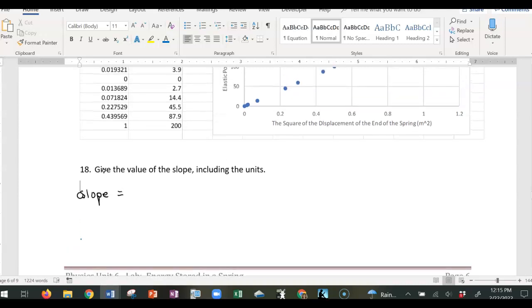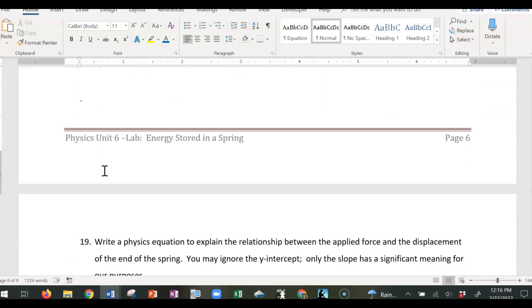So I'll just say 200 minus 0, and that's joules, over 1 minus 0 meters squared. So I get a slope of 200 joules per meter squared. Okay, so I've shown how I calculated my slope.